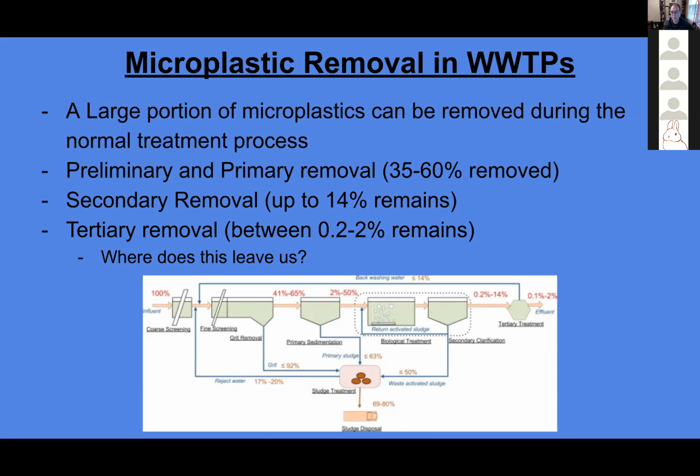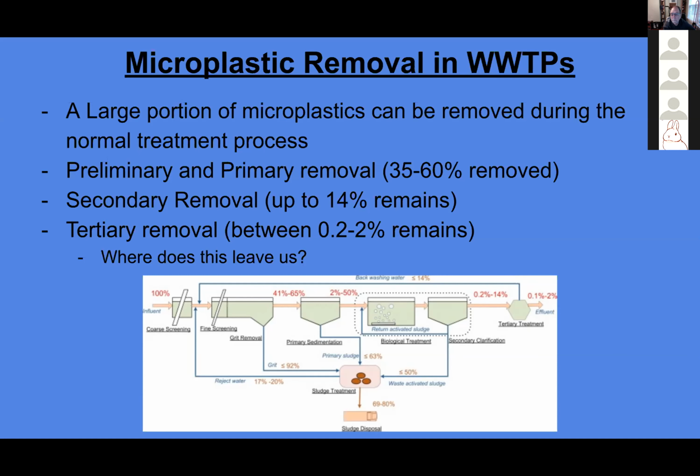And then lastly, you get tertiary removal, which is going to be a combination of biological processes with activated sludge and a filtration system, kind of like reverse osmosis, but combined with that. Again, you can see larger particles get removed, but some of these biological and chemical processes they're using don't address the problem of microplastics.